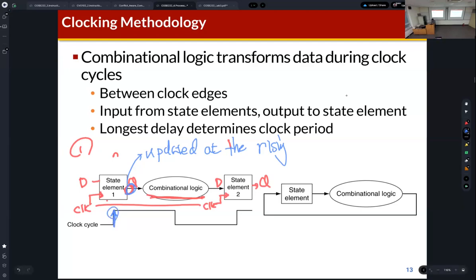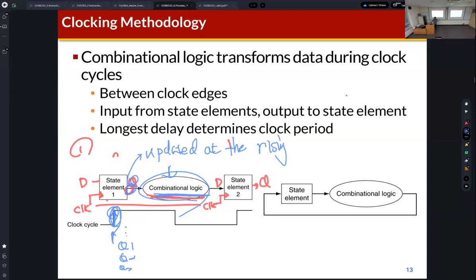At this point, Q is updated. So Q1, Q2, Q3. There can be multiple Qs or multiple data. So actually, the input of this combinational logic is determined right after this clock edge, the rising edge of the clock.